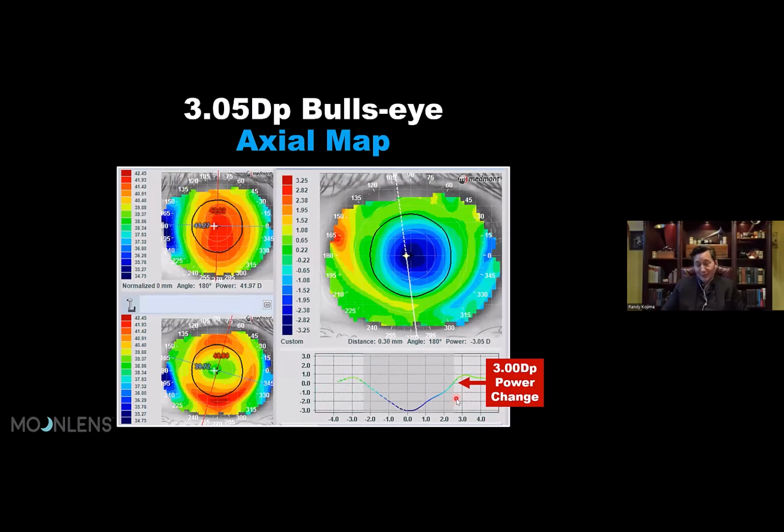Now, let's do this again on a third patient and place this Ortho-K lens on eye, create full effect. We've got a nice bullseye, but here we're creating our 3 diopter effect, but we're giving this patient a 3 diopter defocus, much different from the other 2 patients that we looked at.